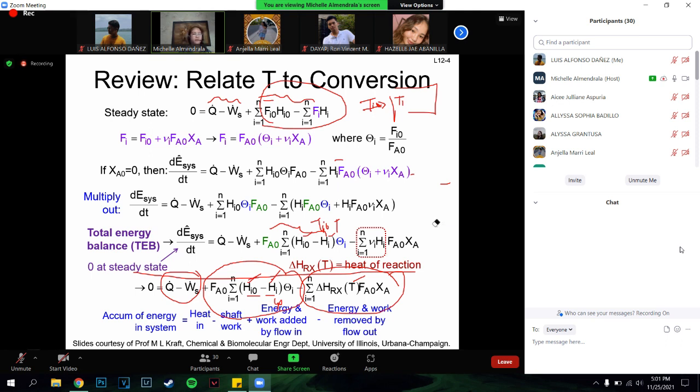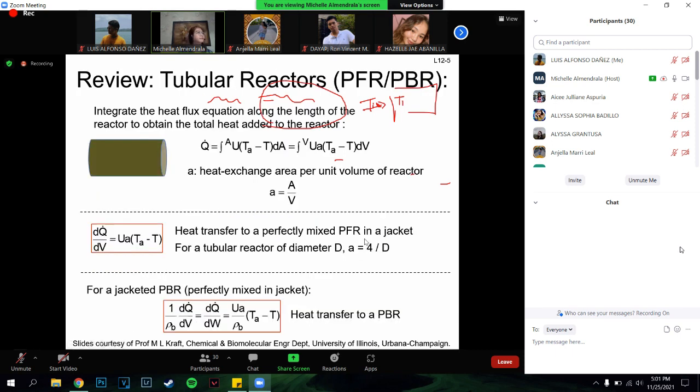Now, if there is no phase change, the enthalpy for this term will be defined in terms of heat capacity now. So, andito yung discussion na yun.